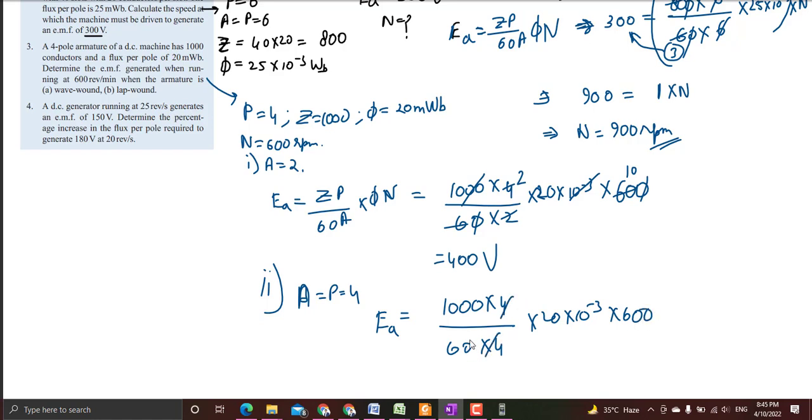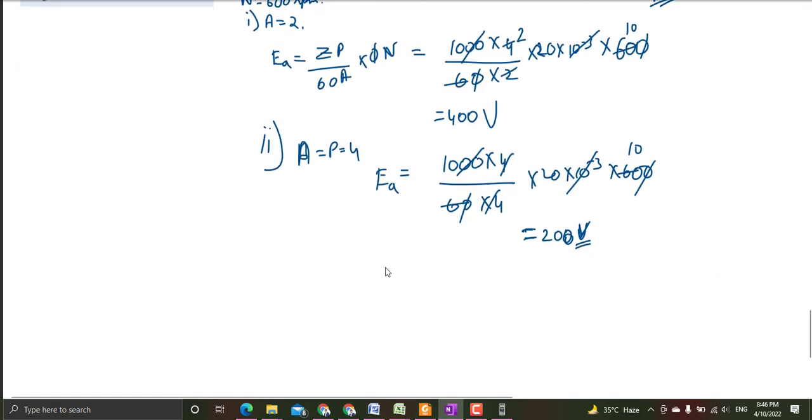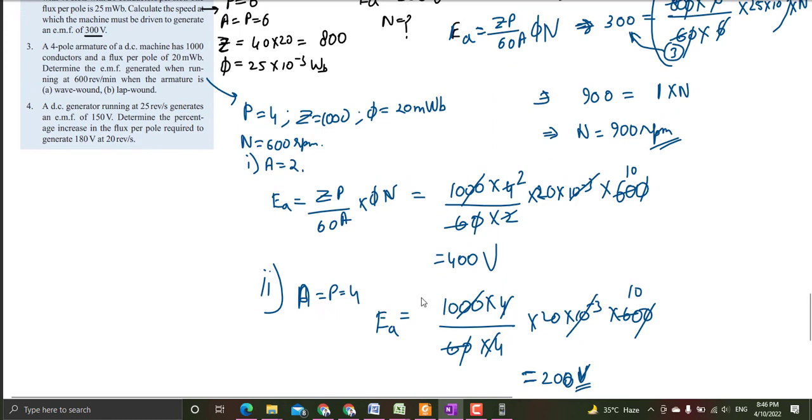So 4 with this cancels out, 0 cancels out, 6 10s, and this cancels out, we have 200 volt. You can see here for lap winding, the generated EMF has reduced, and similarly we'll see the current gets increased.